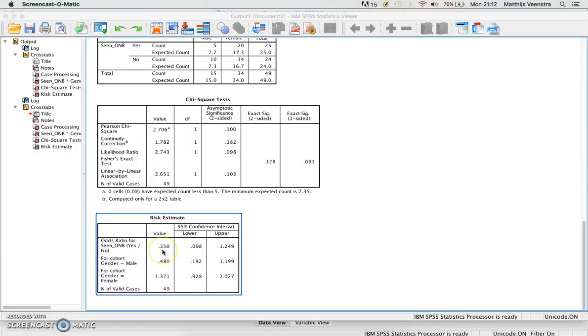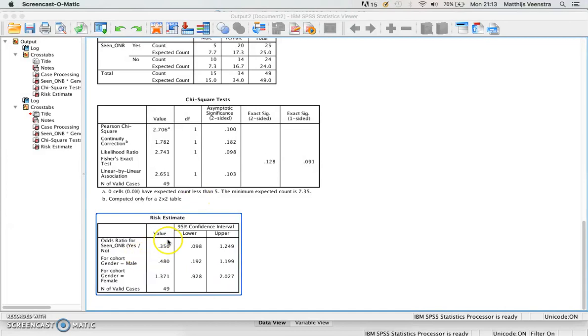So you might say that the risk for males to watch Orange is the New Black is 0.35 times lower than for women to watch Orange is the New Black. Okay, so this is just an indication of, well, actually the size of the effect.